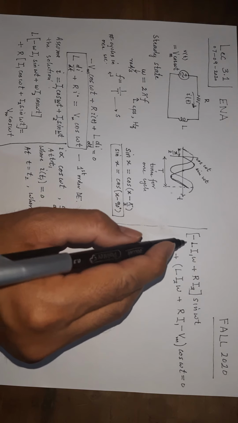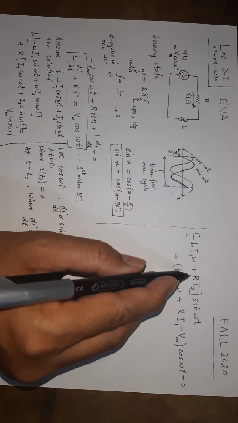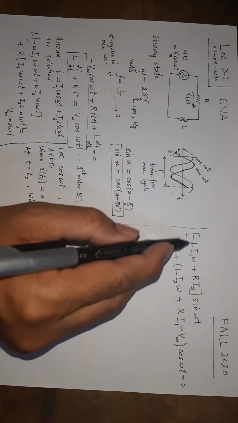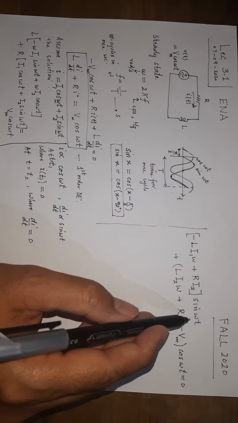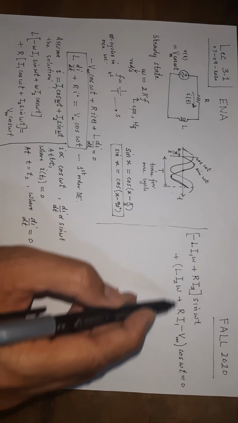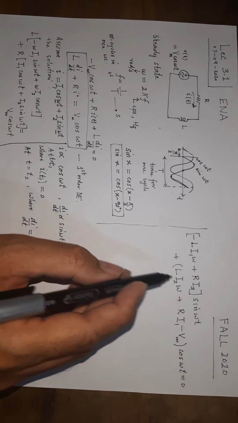Right. So this has to be 0. And this has to be 0. For this sine wave to be 0, at any other point in time, both of them cannot be 0. So for the sum to be 0, this must be 0 and this must be 0.